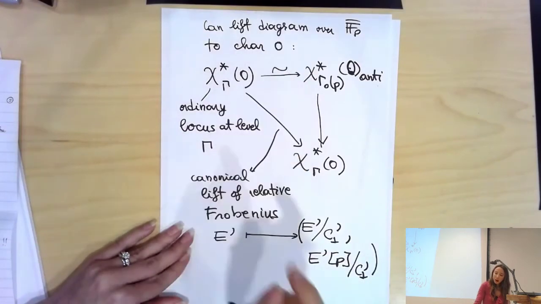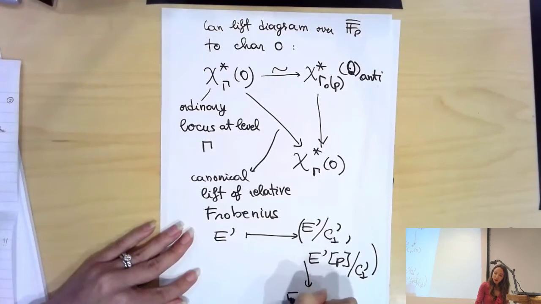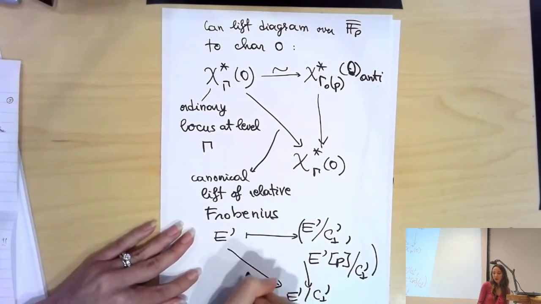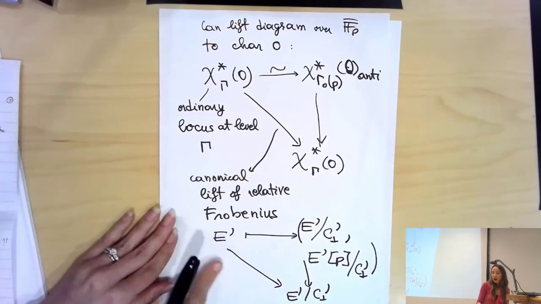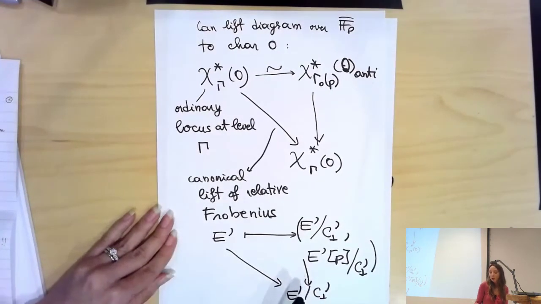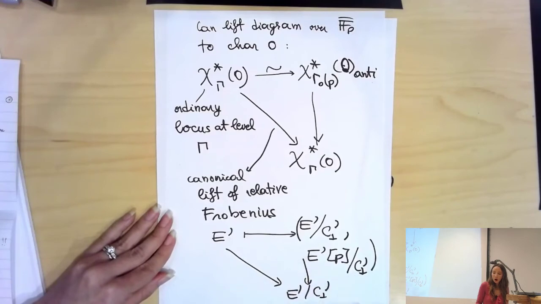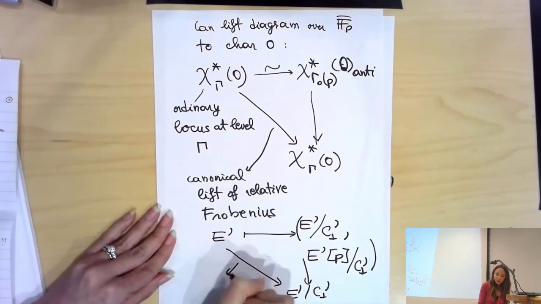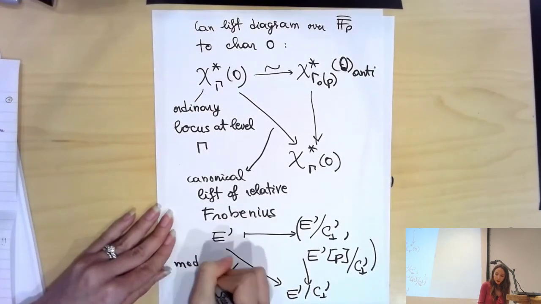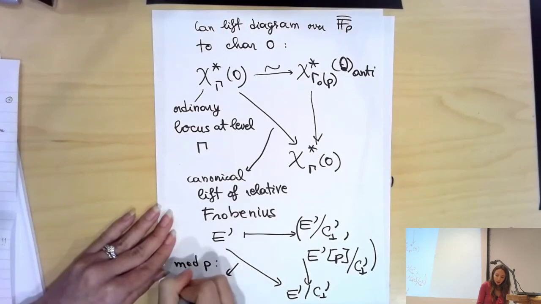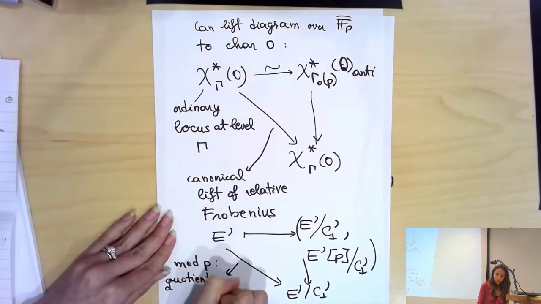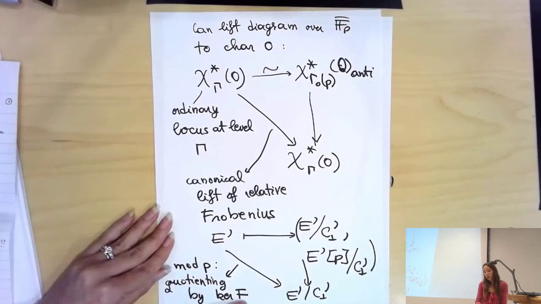Now the forgetful map just takes you down to E prime modulo C1 prime. And so here your map is quotienting out by this canonical lift of the kernel of Frobenius. So mod p, this is quotienting out the kernel of the Frobenius isogeny.